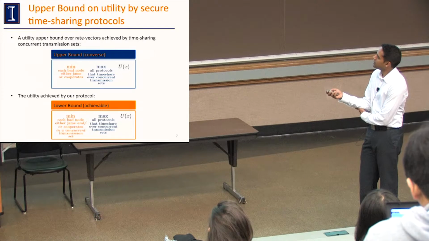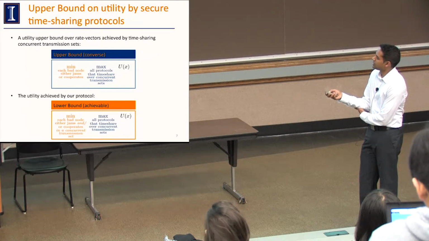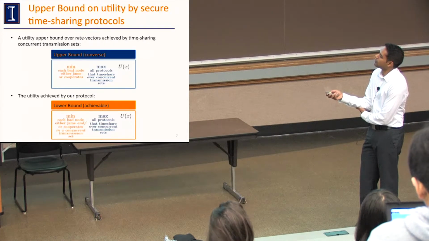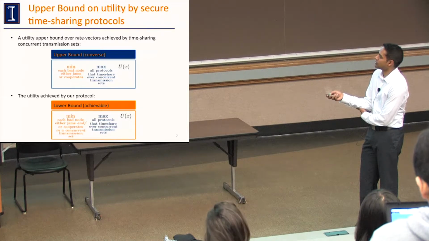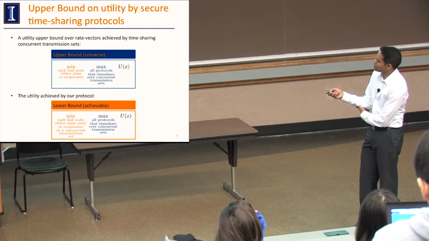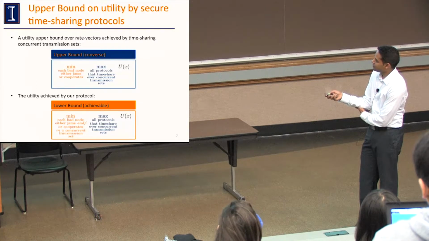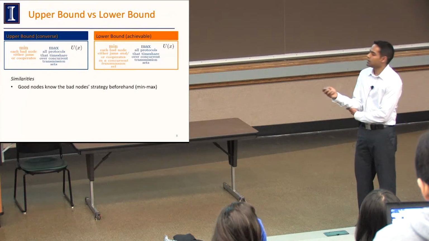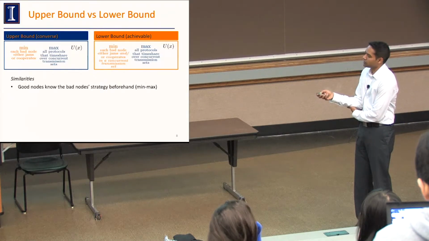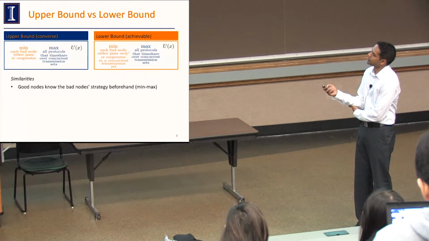If we compare, it's similar, except here each bad node either jams or cooperates in each concurrent transmission set. So we have some extra terms, where the activity of a bad node can change in different concurrent transmission sets.